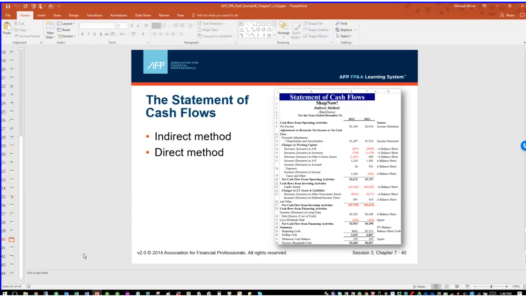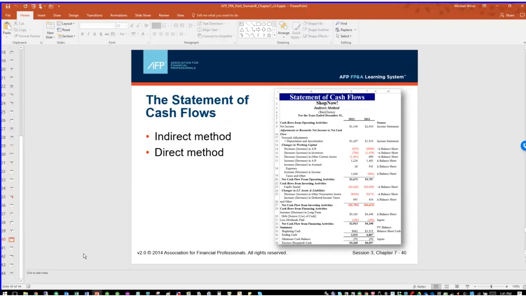Indirect starts with net income and then adjusts it basically to get to, for changes in the balance sheet and other kinds of changes to get to the cash produced or used during the period. That's called indirect because we start with net income. Direct works differently.